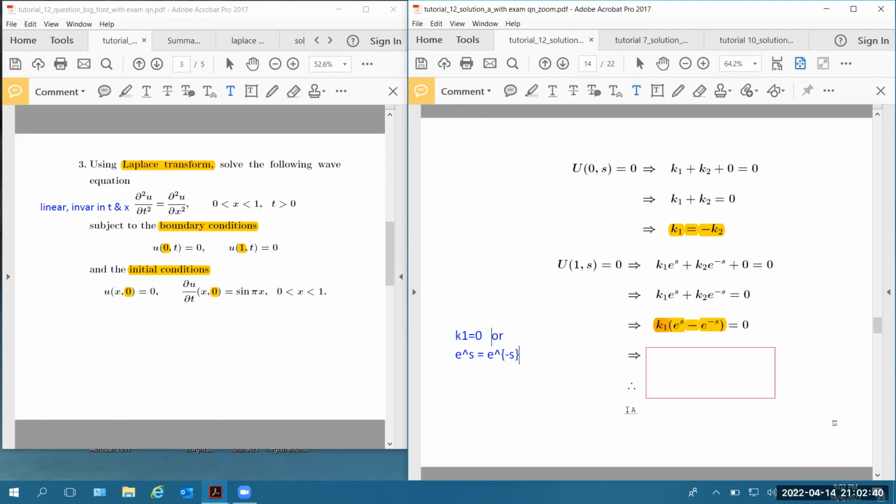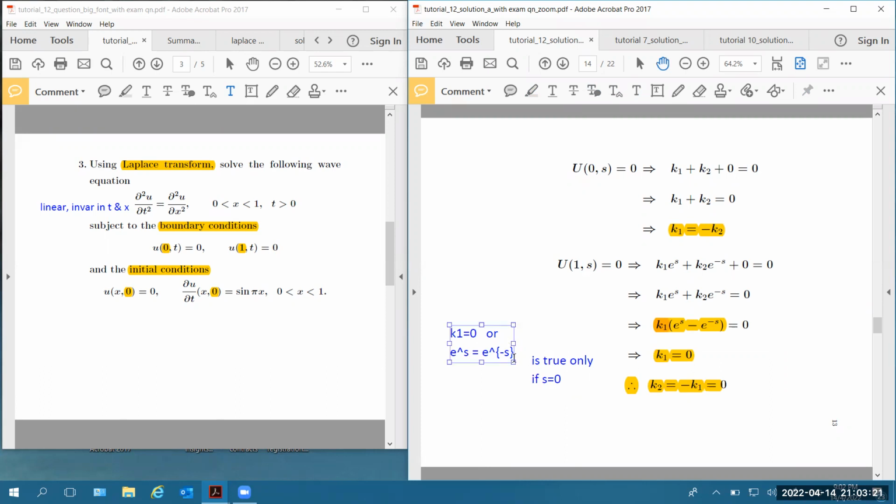All right. So in fact, this equation here is true only if s equal to 0.